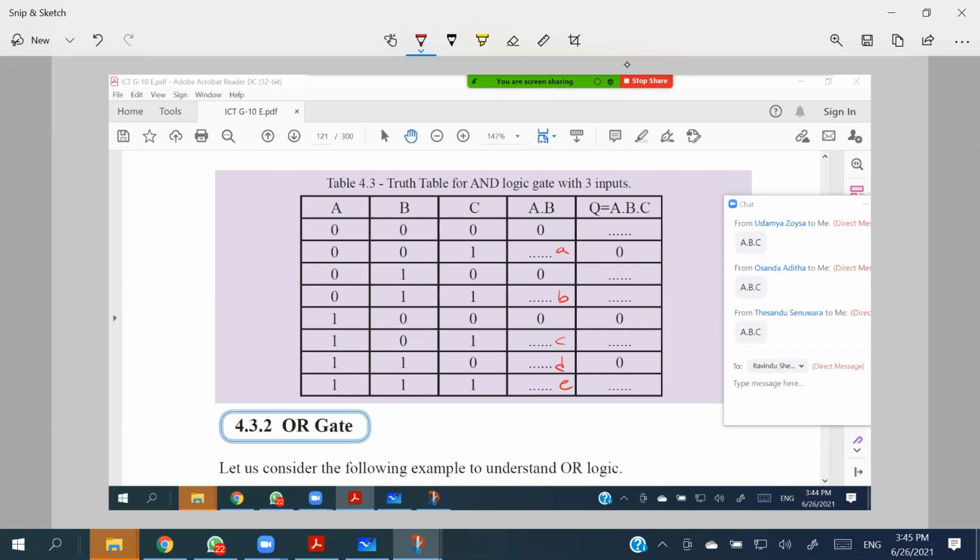Ravindu, how about D? Is it 0? And yes, yes. Okay, a lot of you are sending me the answers. There are 2 positions which receive 1. There are 3 positions which receive 0. A, B, C.